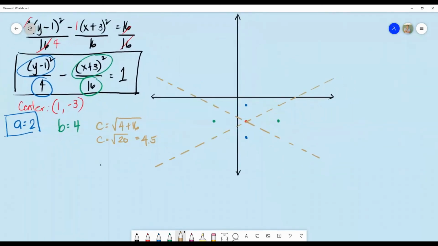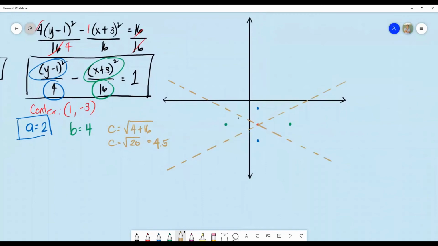So always remember, the equation of our asymptote here is y is equal to positive, negative a over b x. So this is positive, negative.